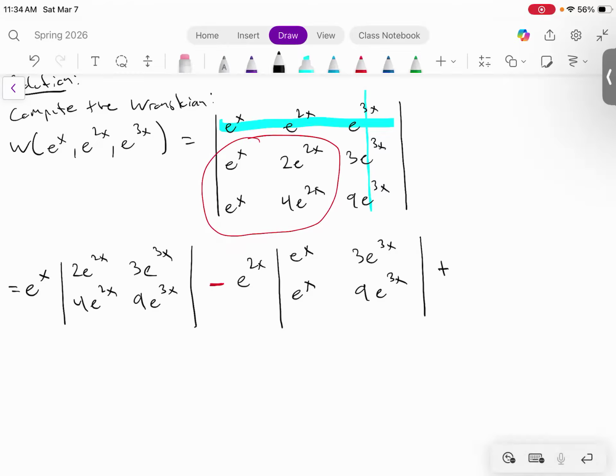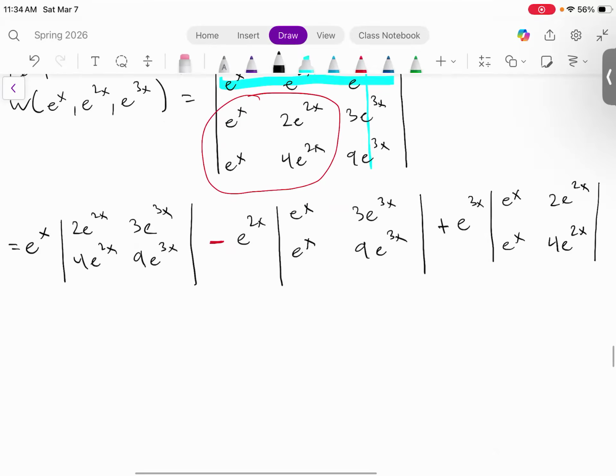So my third term was e to the 3x times the determinant of e to the x, 2e to the 2x, e to the x, and 4e to the 2x. Okay, so we're still computing the Wronskian.